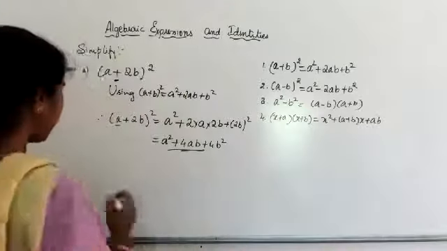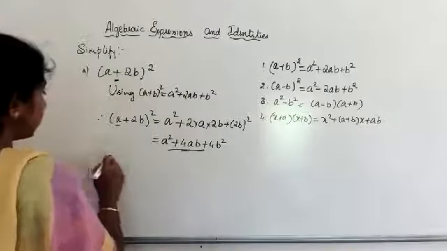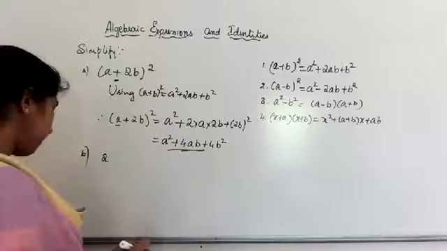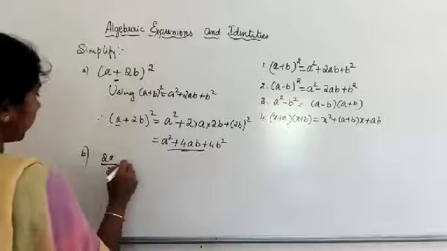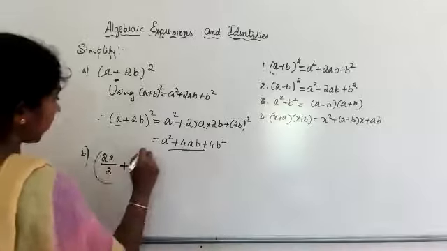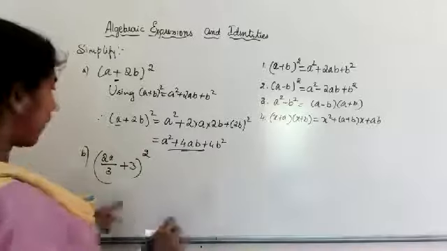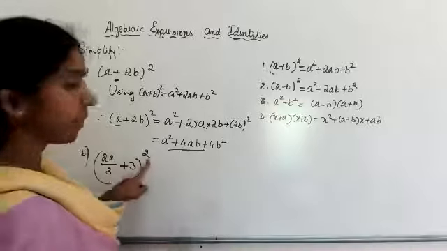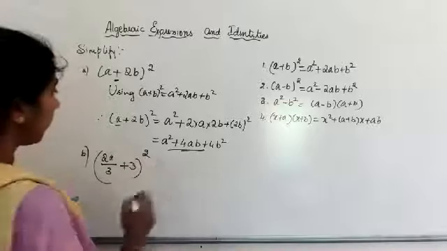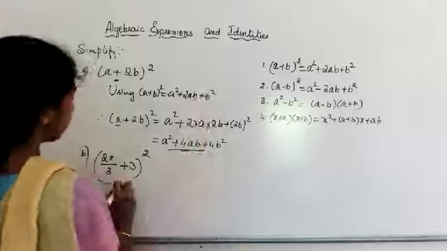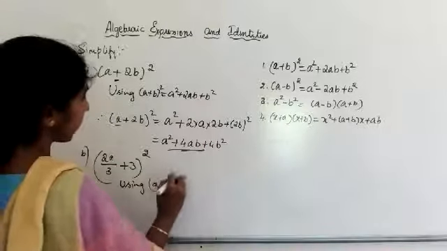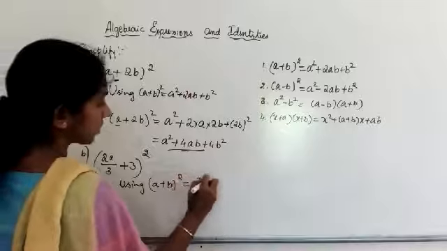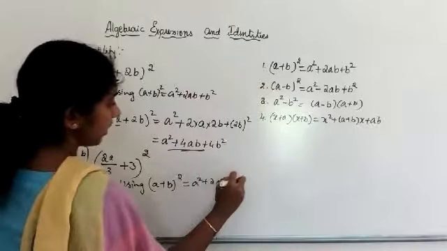Next, the second question: 2a by 3 plus 3 the whole square. Which identity? Again, plus sign and power 2. So here we have to use a plus b the whole square, which gives a square plus 2ab plus b square.